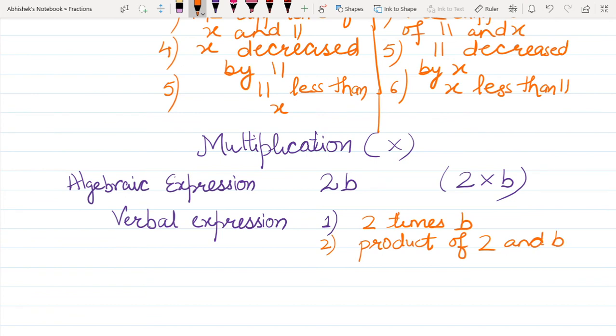We will get the same expression. 2 multiplied by b. When we use this expression, 2 multiplied by b, we will get the algebraic expression 2b. Twice b.